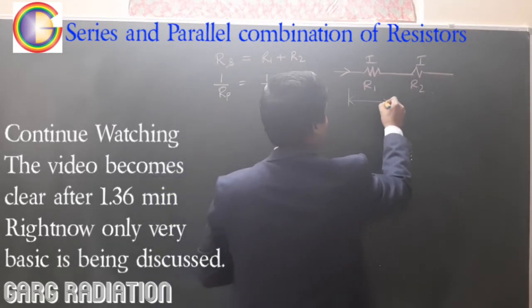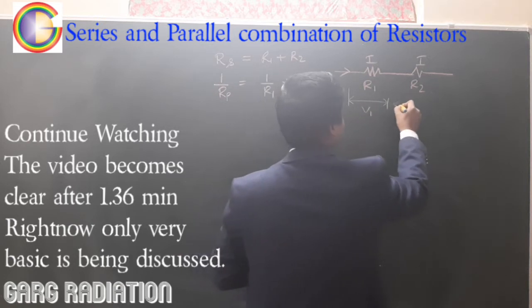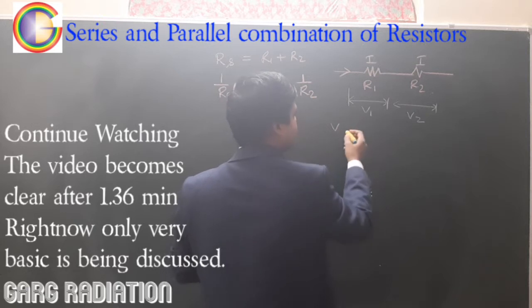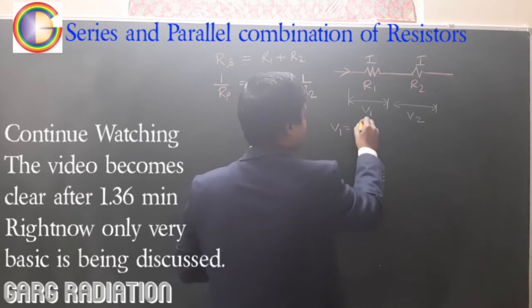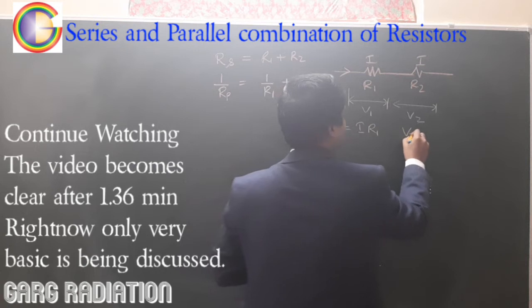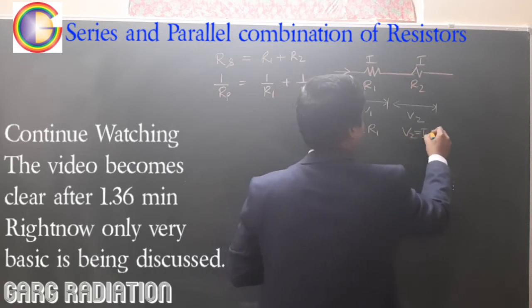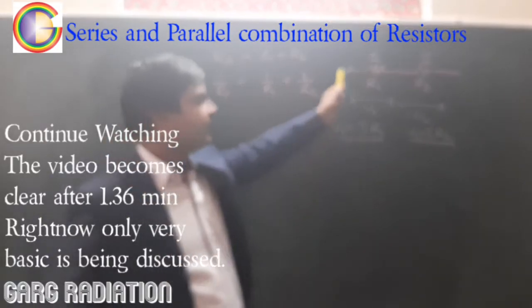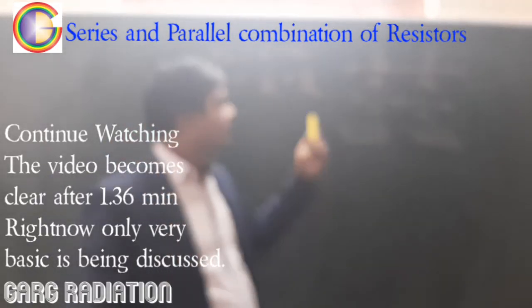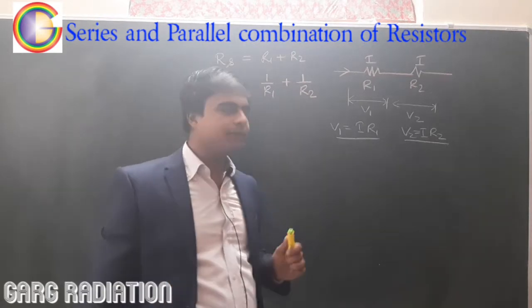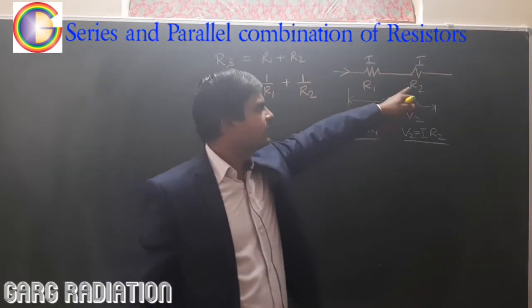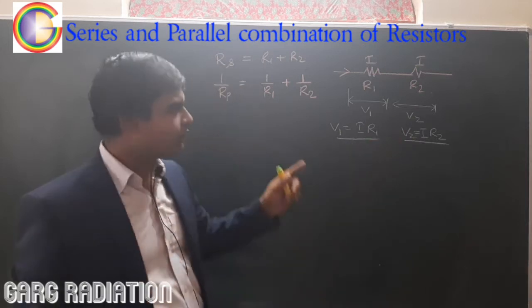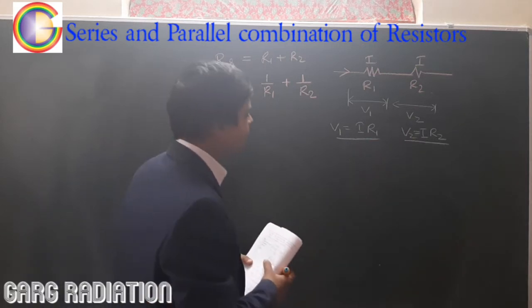For example, the potential difference here will be V1 and here will be V2. These two we can calculate: V1 equals IR1 and V2 equals IR2. Using the current flowing in each resistance, multiplied with its resistance, we can find the potential difference for that resistance.